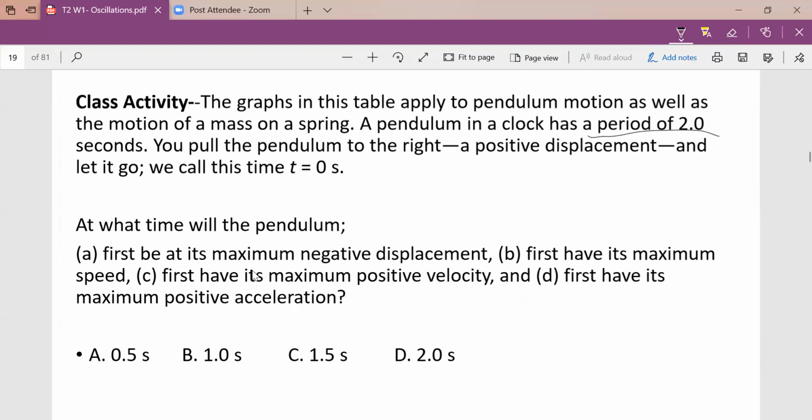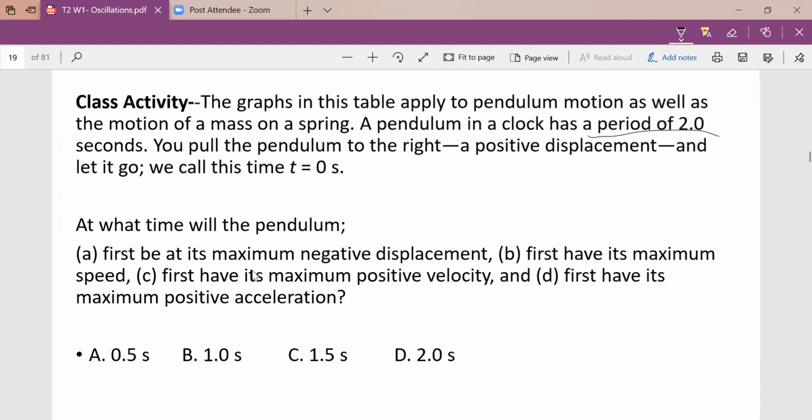Okay. If there's no damping effect to the swing, or if we can ignore air resistance, it should get back to that maximum position. So we're asking first, when will be the first time it will hit the maximum negative displacement?